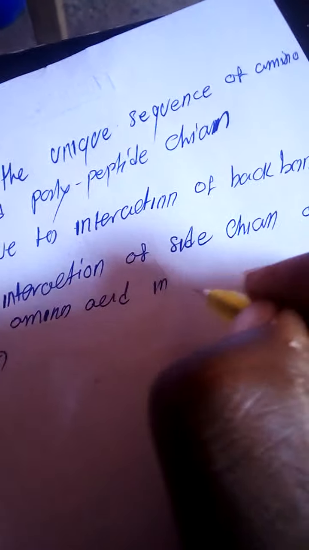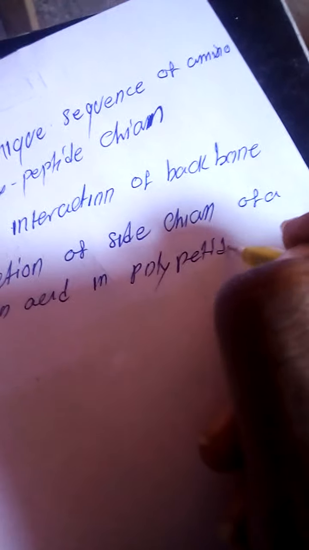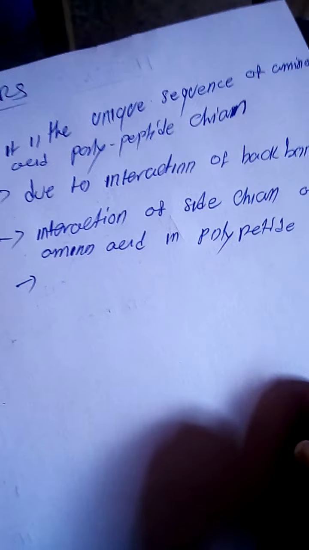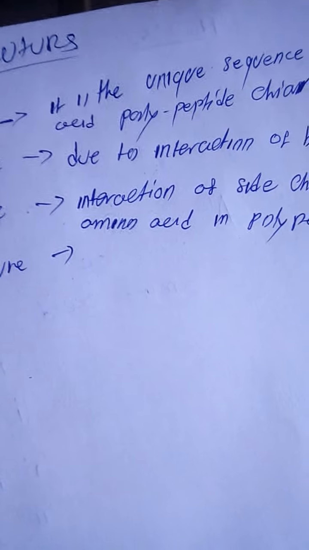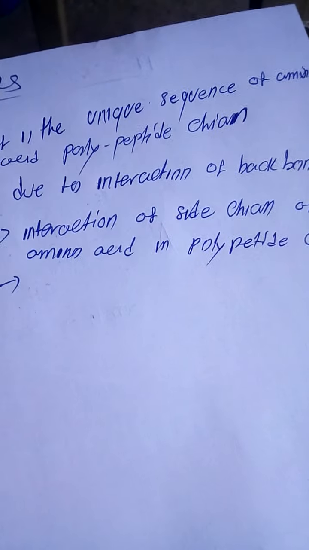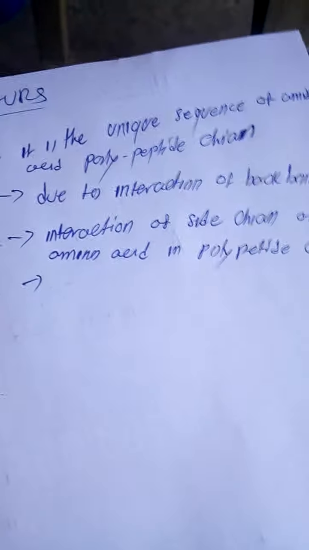I'm sure what I'm writing is not so clear, but you can write it from what I'm explaining. It's just an interaction of side chains of amino acids in a polypeptide chain. That's tertiary. And then quaternary.